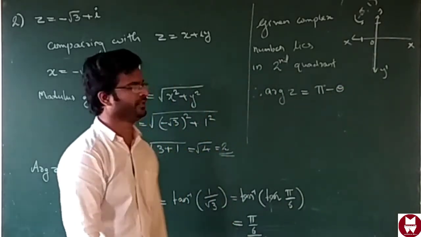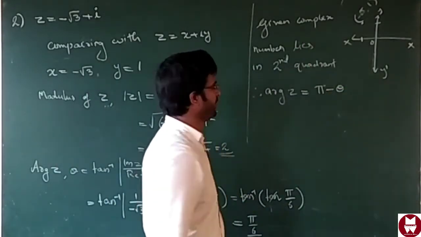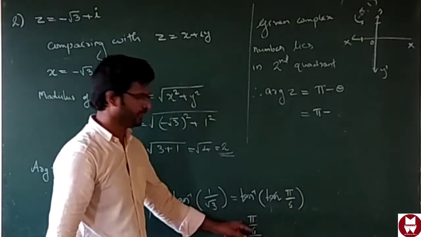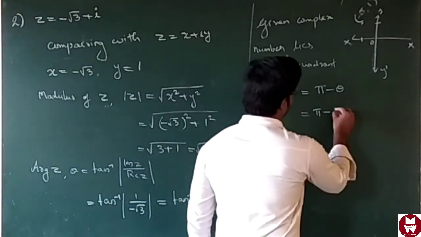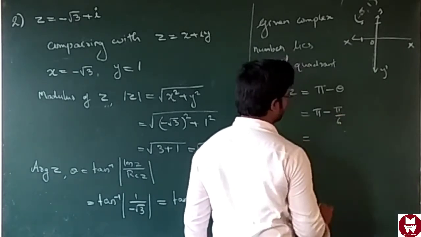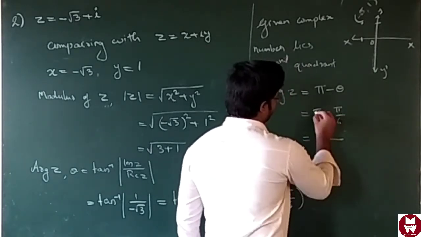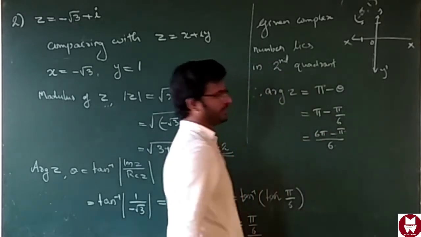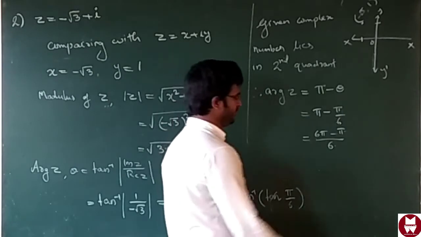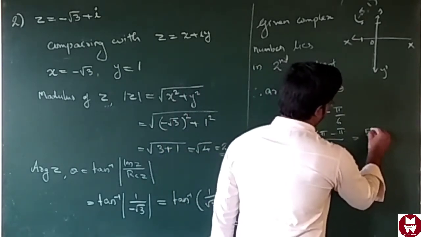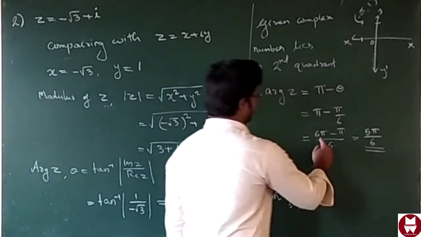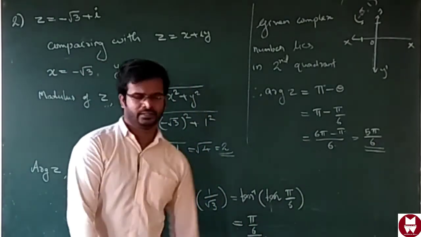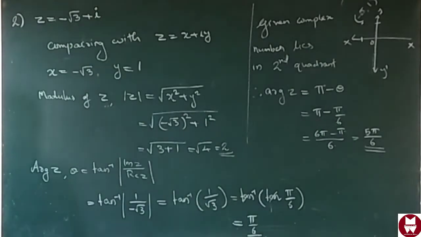You have already written this, isn't it? In the second quadrant, that will be pi minus theta, and we already got theta, that is pi by 6. So 6 into pi, 6 pi minus pi, divided by 6. When you take LCM, 5 pi by 6. 6 pi minus pi is 5 pi. These are our arguments. Just pause the video or write it down in your notebook.